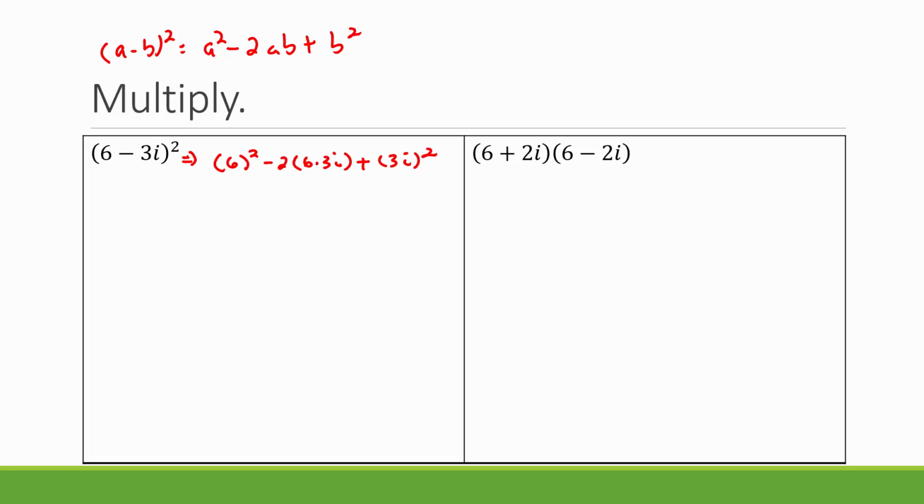Now you can rewrite that as 6 minus 3i times 6 minus 3i and use FOIL or the full distributive property to multiply it out. So that gives me 36, minus 6 times 3 is 18 times 2 is 36i, plus 3i squared, just square each one of those factors, 9i squared.